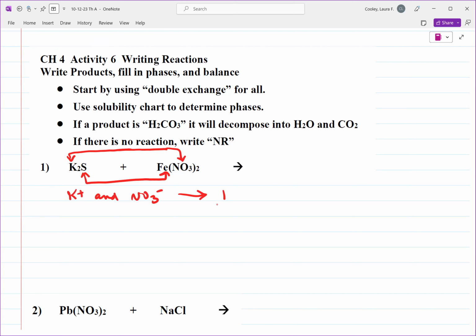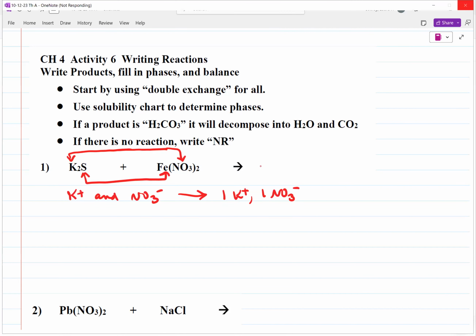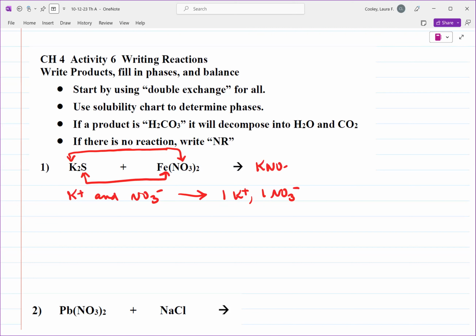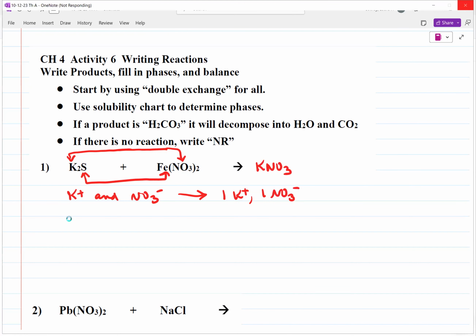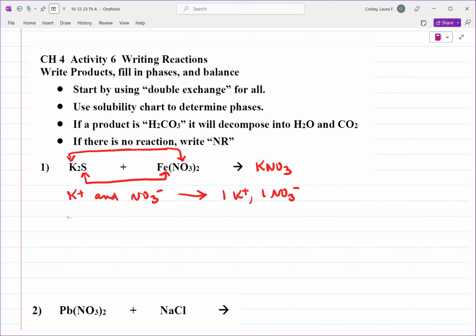You'd have one of each, right? We did this already. This is the same as the one we just did. So this would give you KNO3, right? And then you have Fe. Now Fe is 2 plus here because there are 2 nitrates, right? So we know it's the iron 2.